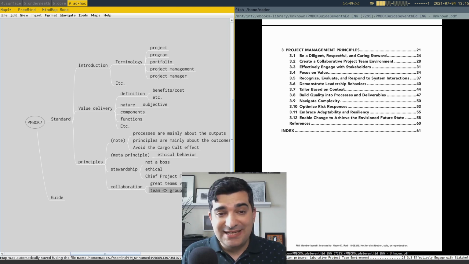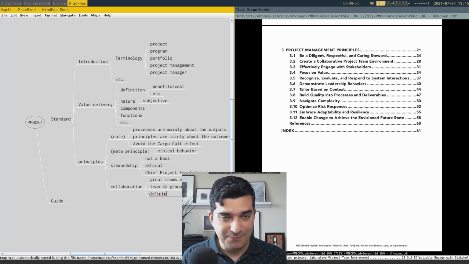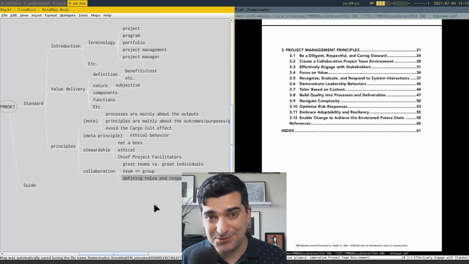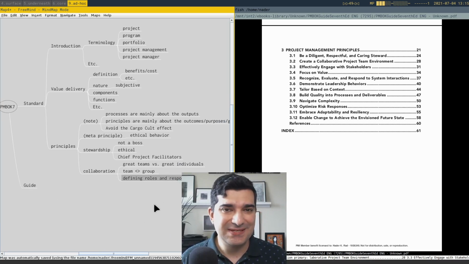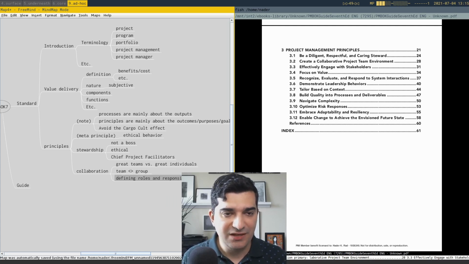Something else that we need here is defining roles and responsibilities. Which is more or less like what we have in one of the principles in Prince 2, actually. One of the principles is defined roles and responsibilities. Let me add it at the end. Which is always helpful.